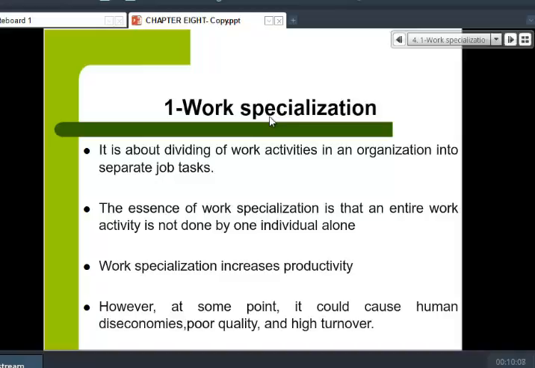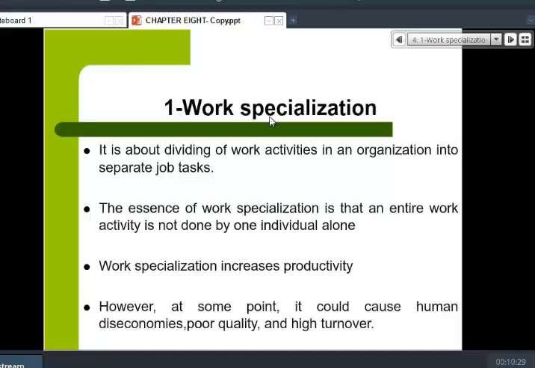So let's say a university: the departments could be the admission department, the international unit department, the visa department, the postgraduate department. Each division has its own specialty.